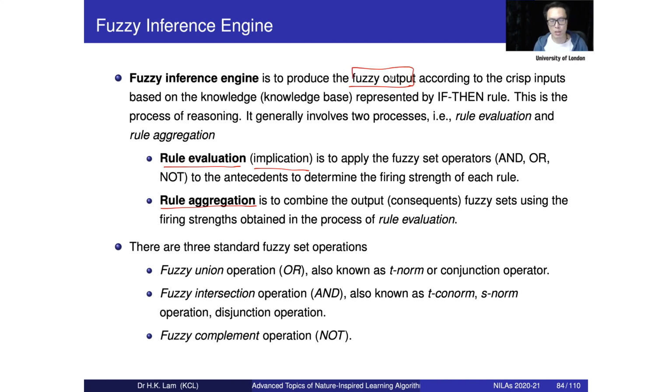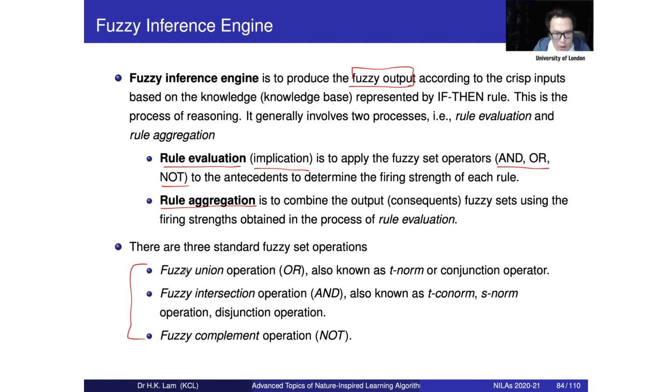Okay. So in order to do rule evaluation, we need to understand how we define fuzzy OR, fuzzy AND, as well as fuzzy NOT operations. In the next slide, I'm going to give you the example of how we deal with OR, AND, as well as NOT.